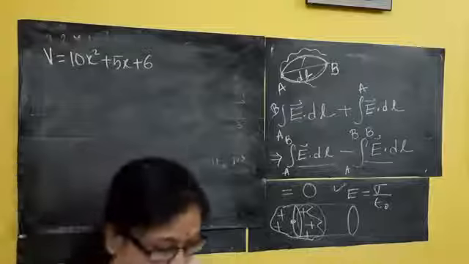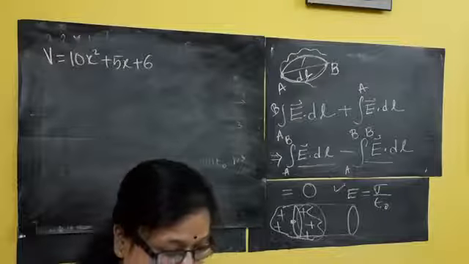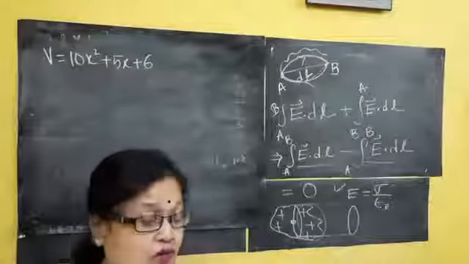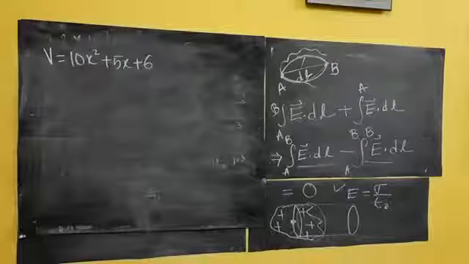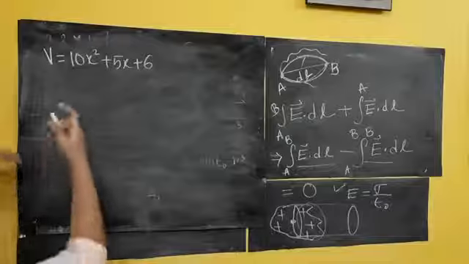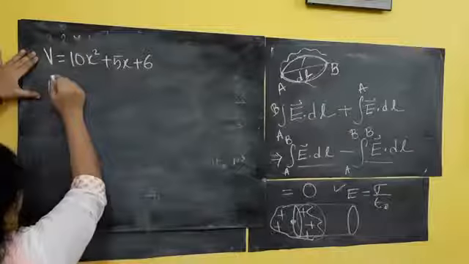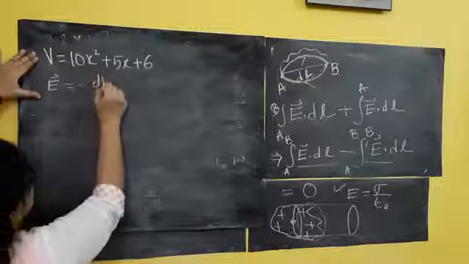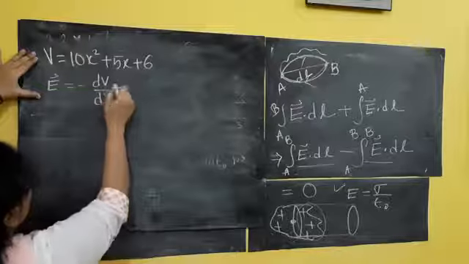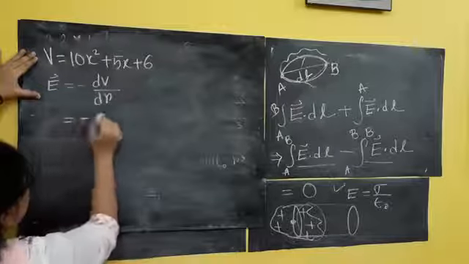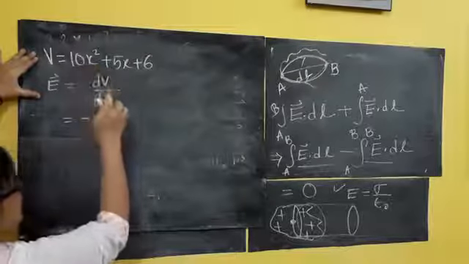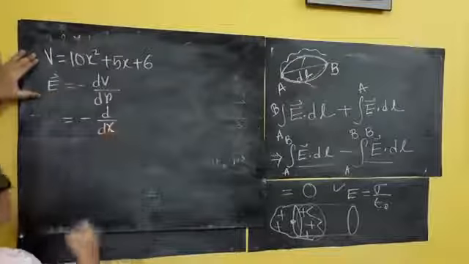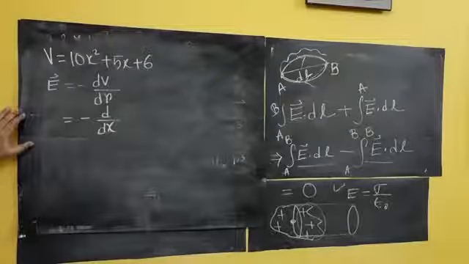What would be the electric field at x equal to 2 meter? The same thing: electric field relates to potential difference how? E equal to minus dV by dr. Put V here, so minus d by dr. Here it is x, so in place of r I will put x, because here only the x coordinate I am considering.